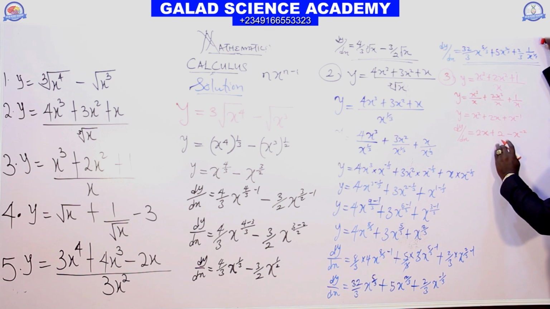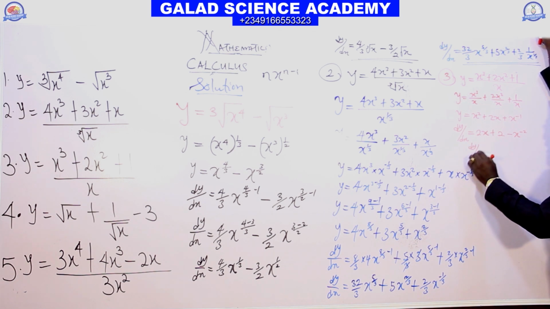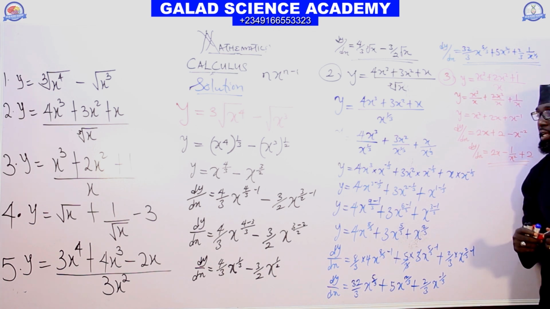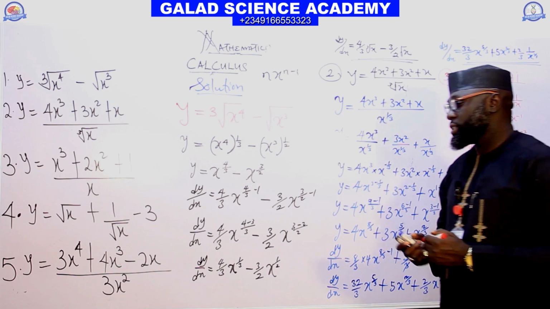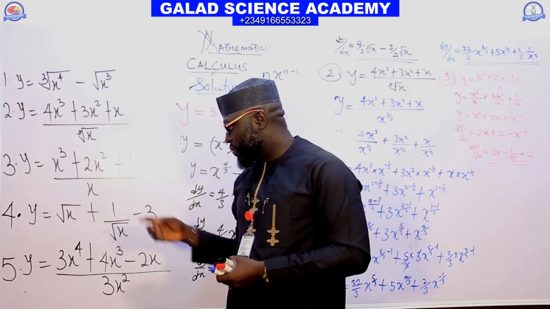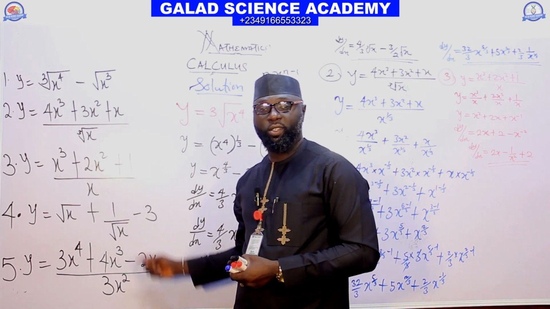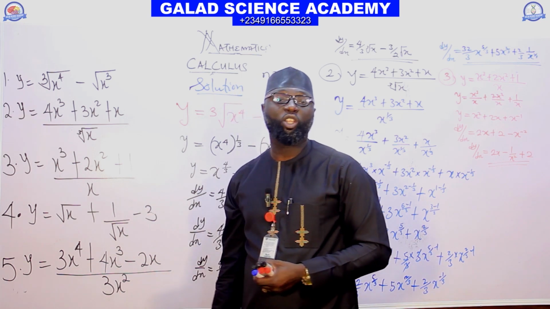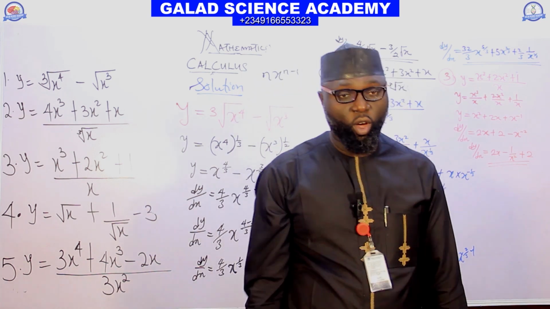That should be the final answer. dy dx will be 2x minus 1 over x squared plus 2. Final answer. So these 4 and 5, you can solve it. So the next thing is: let us move to the function of a function.